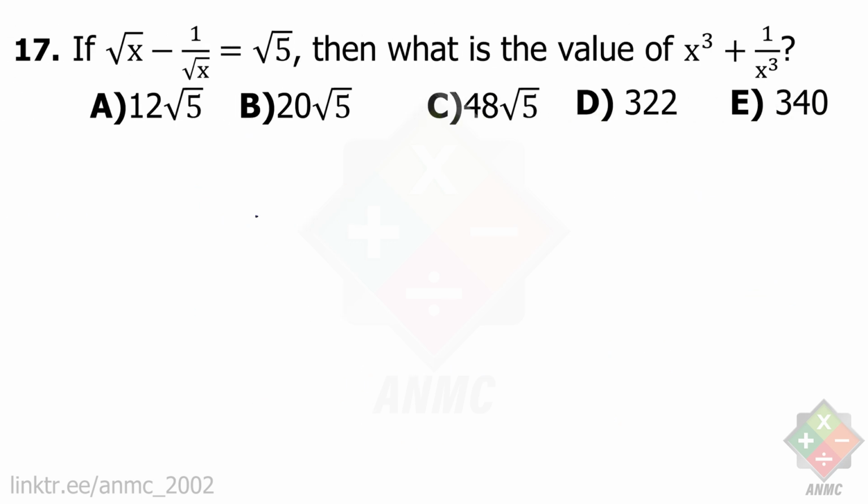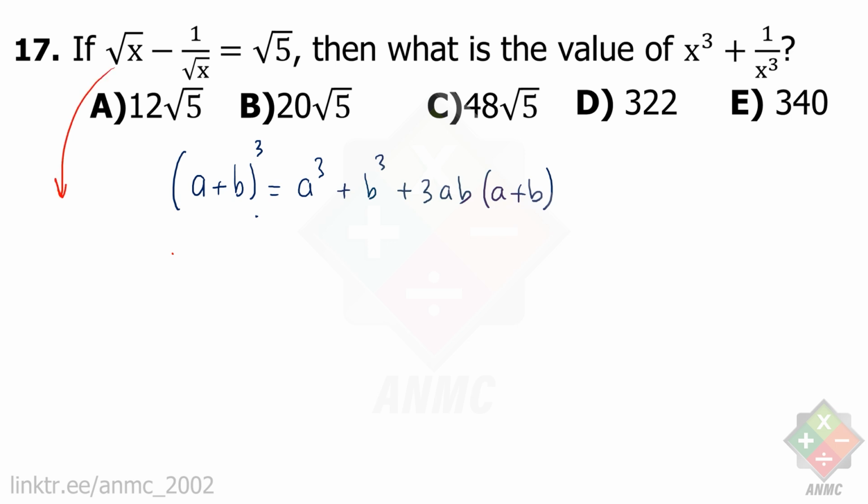In this question, we are going to use a formula. A plus b cubed is equal to a cubed plus b cubed plus 3ab times a plus b. This is related to sum and multiplication. Let's use it.